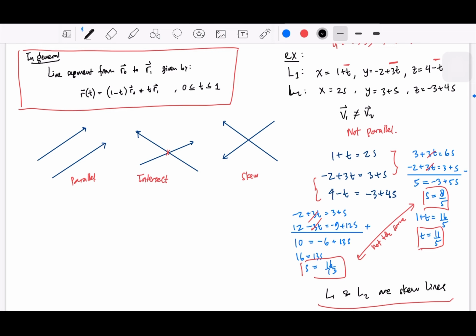I hope today we'll finish the line and maybe some of the plane. So line finishes here, vectors and the equation of a line. The next part after this will be the equation of a plane, and we will have a short break.